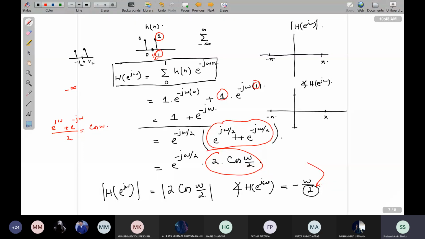Because when you will be multiplying both of these you will be getting this thing, exponential minus j omega by 2, and this is nothing but 2 cosine omega by 2. That's the magnitude component, and the phase term, which is associated with exponential j, that is minus omega by 2. Any questions?